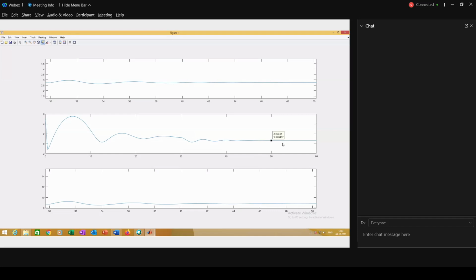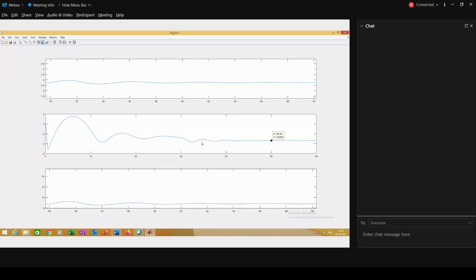The final value is lower than the initial value, though I gave a positive step change. So the system is showing negative steady state gain. That's the second point I got. The first point I got was the settling times.